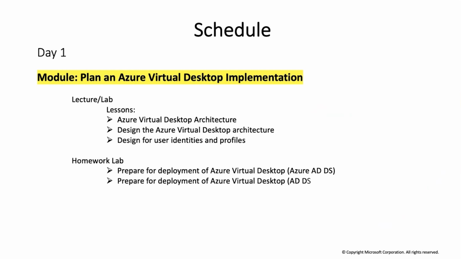And as we have been working on the product, the identities, the profiles, the services, the configuration, it's all going to be part of that discussion. After the end of the day one session, you're supposed to perform a small lab, the homework lab that will be provided to you. This is to be done before you come to the day two session.